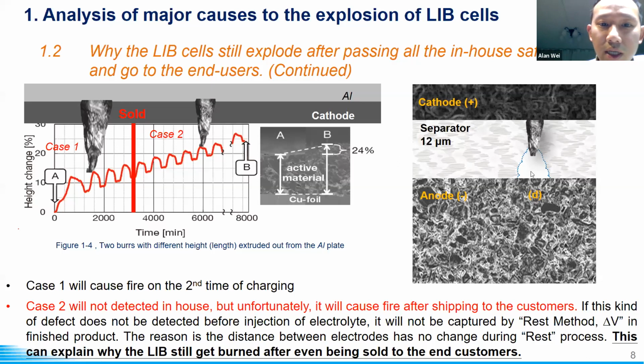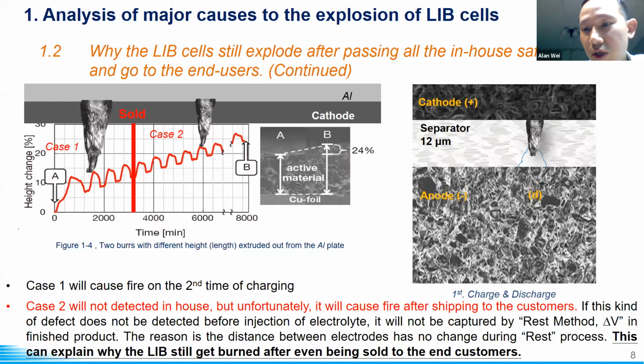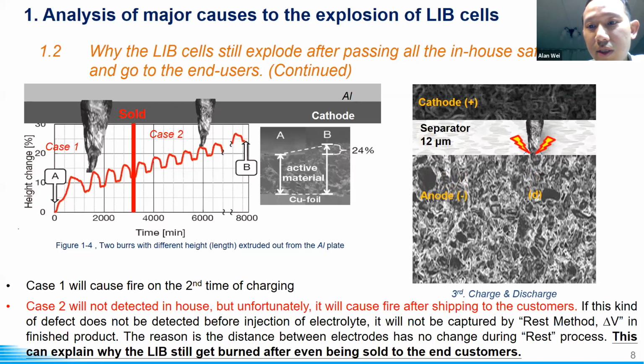And on the right-hand side, we have a short animation. So this is the first charge and discharge, and second time, and the third time. You can see in this example the sample gets short at the third time of charge.